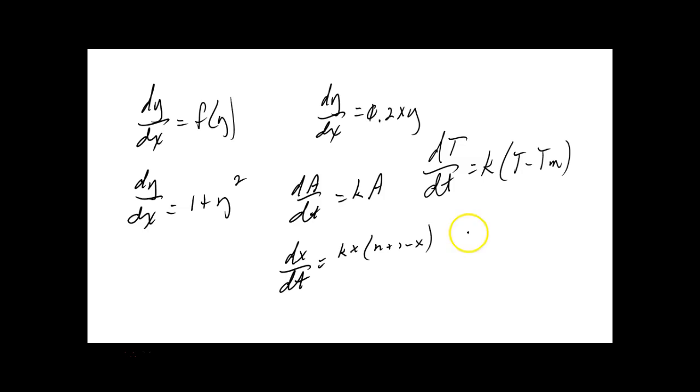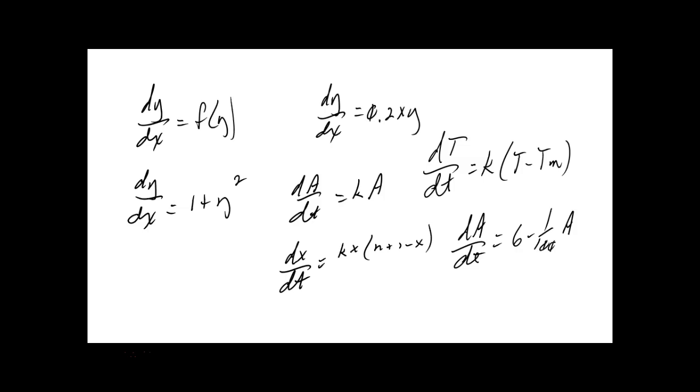We had one like this with our brine solution. dA/dt is equal to 6 minus (1/100)A. That's autonomous. There's no time dependence here. It all depends on your quantity. Okay? Which is surprising. You would think that the brine solution would depend on time too, but it's not.